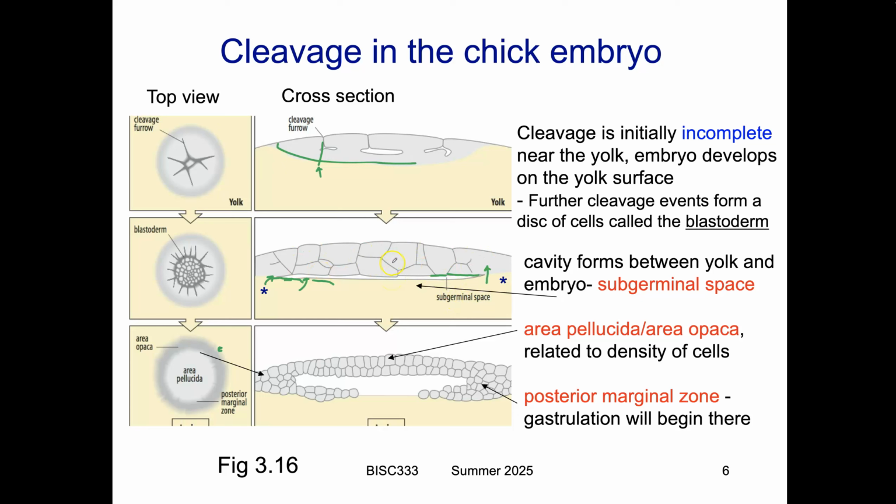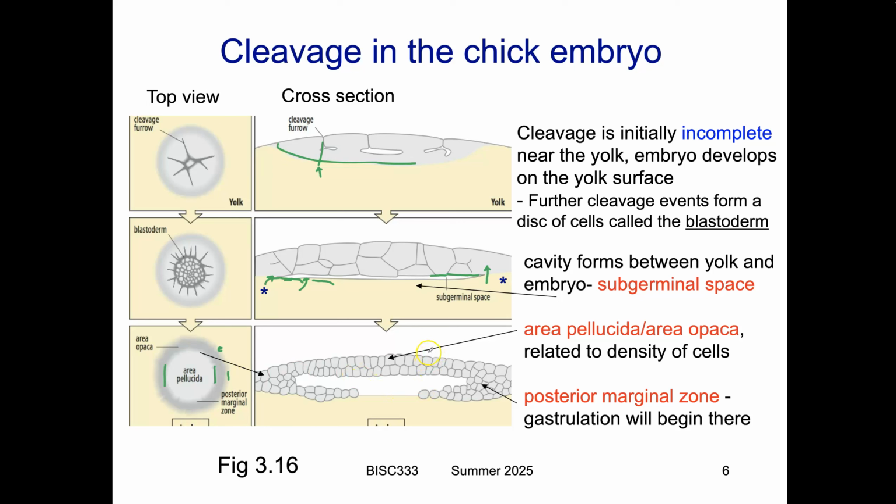Okay. Over time, as cells divide more and more, if you were to look down on it, you would see this circular, disc-shaped structure, and there'd be the area pellucida, which means clear, and then there'd be the area opaca, which means opaque or not clear, and this has to do with the density of cells.